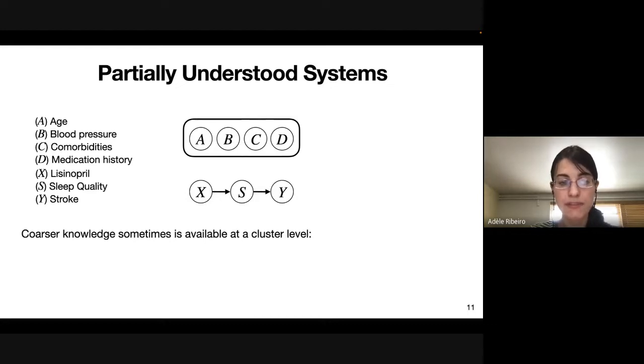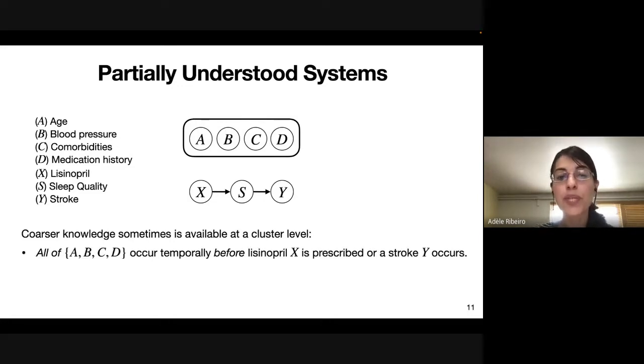The proposal is the following. Sometimes we have available this coarser knowledge at a cluster level. So we are going to cluster some variables because we don't have the knowledge to specify the relationship between the variables within this cluster. But we know at the cluster level that some of these variables don't need to be all.